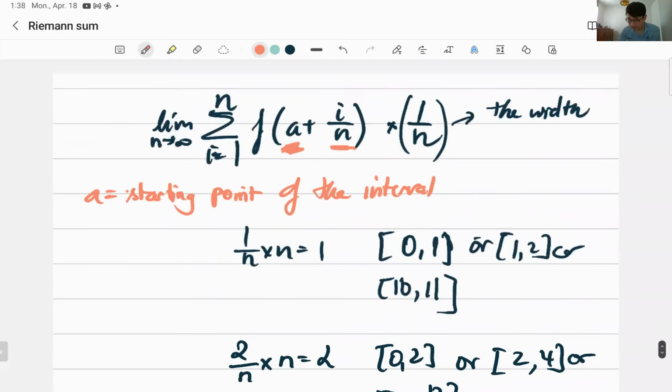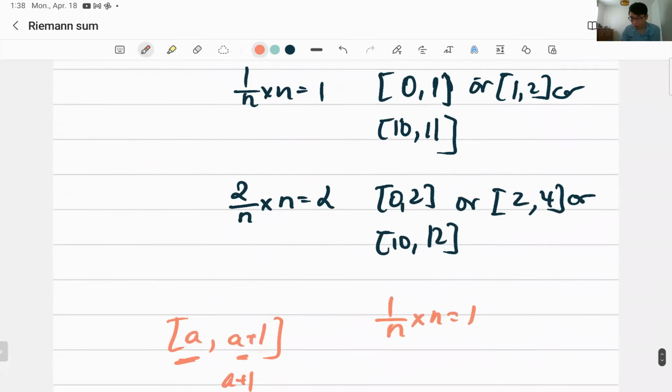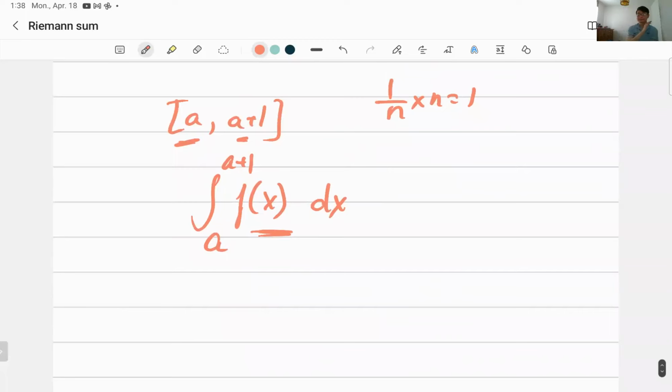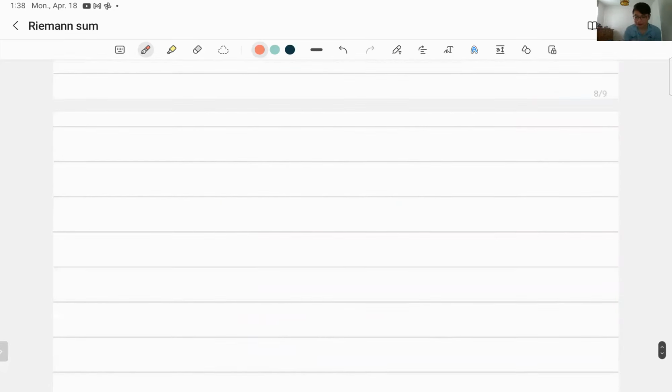The reason this one doesn't take in the note is because it's just the width. The definite integral is more about integrating the function, and I will talk about this in the next video. But this is how we rewrite the Riemann sum into a definite integral, for anyone who is asked to do the conversion.